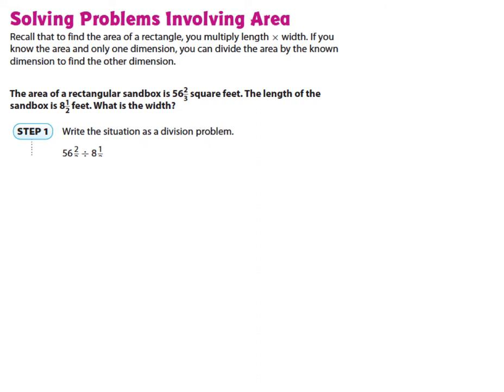So I'm going to go back to my pen and pull out my important stuff. And so I got the total area of the sandbox here at 56 2/3. So that's where I am here. 56 2/3 is what I'm going to divide up. Okay? And I'm trying to find the length. Let me just kind of draw this over here. I got a sandbox.